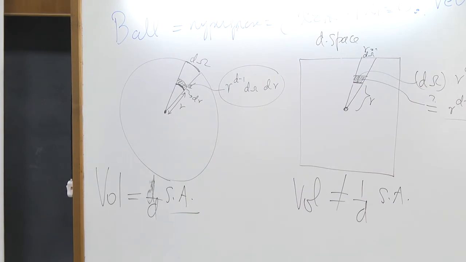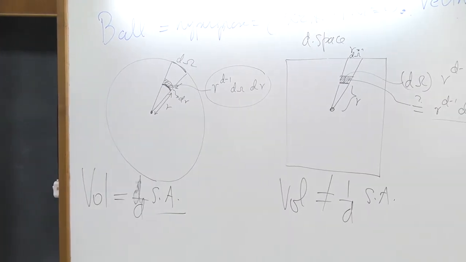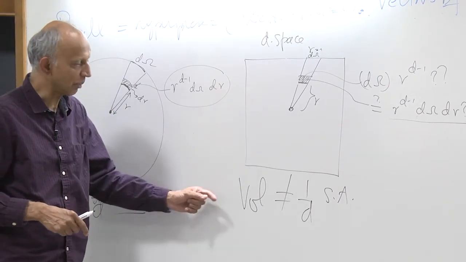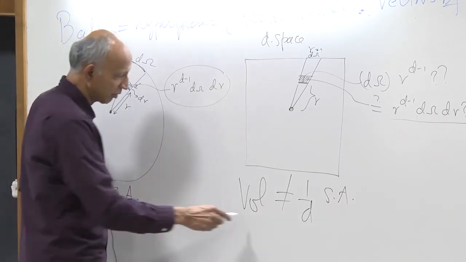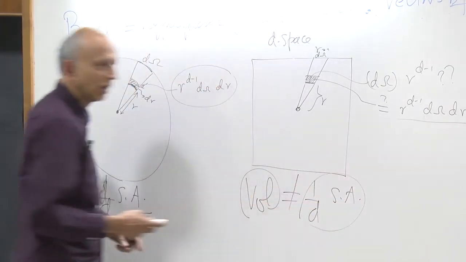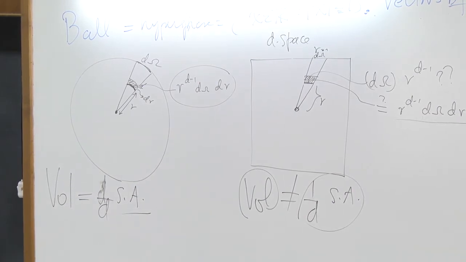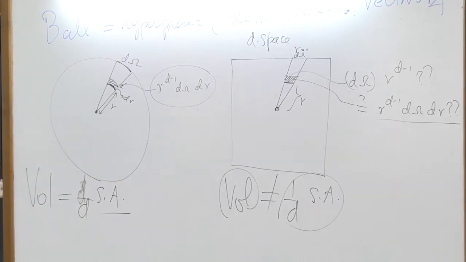But it's worth thinking about one thing. This argument does give some relationship between these two. What does it give? Does it give you anything about volume and surface area?